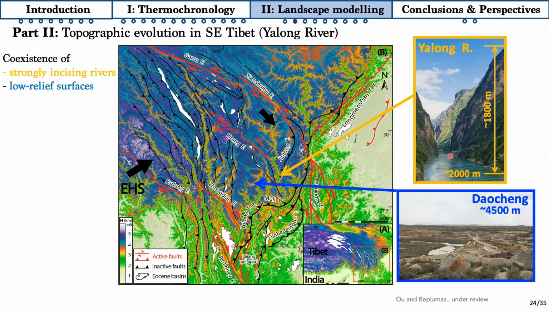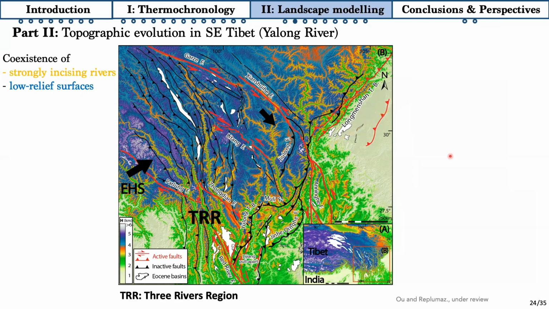So generally, the Southeast Tibet could be divided into two regions. The first one is the Three Rivers region to the west, which is dominated by a southwest compression, generating abundant north-south direction thrusts, as we can observe here.